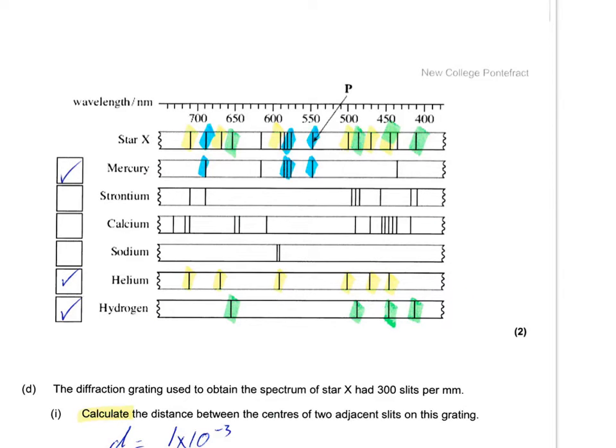All you need to do, maybe using a ruler, is to look at each of the lines showing in star X and work out which ones they line up with. I've done that with colour. Lines for helium I've marked on there, so I've given helium a tick. Lines for hydrogen I've found, given them a tick, and I've got lines for mercury, given that a tick. Strontium, calcium, sodium, I can't see those lines, can't match them up, not ticked.